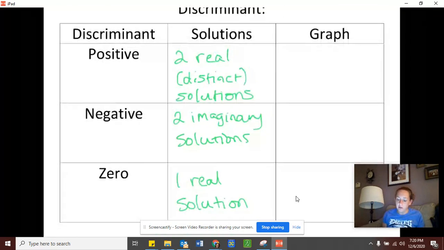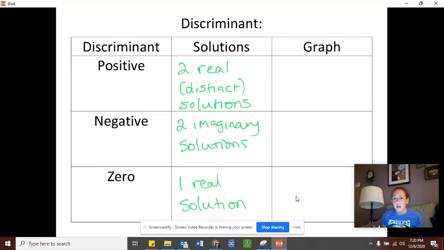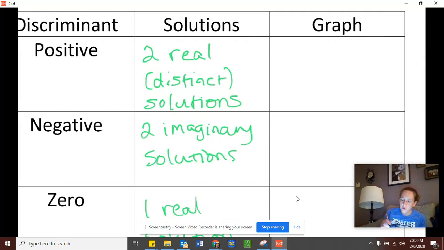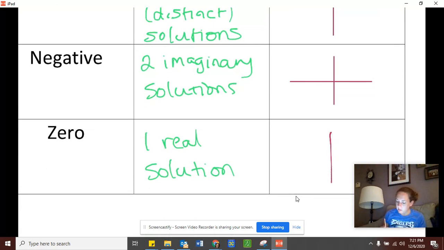So as far as the graph, like I just said, solutions are essentially x-intercepts, okay? So if you have two positive solutions, sorry, I was trying to draw on it at the same time. If you have two real solutions, that means that you have two real x-intercepts, okay?